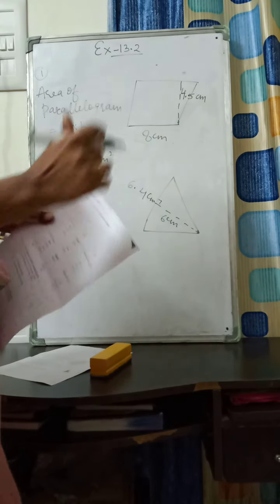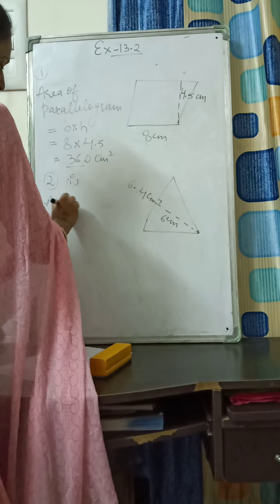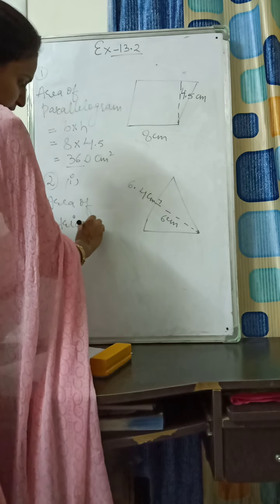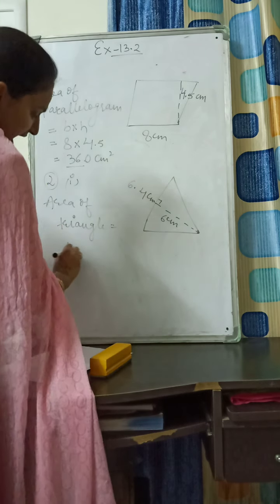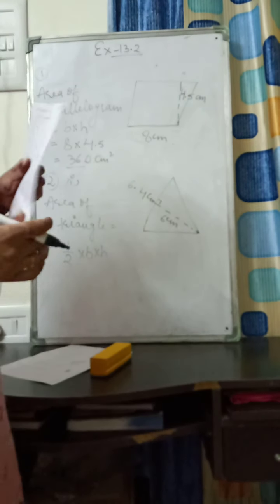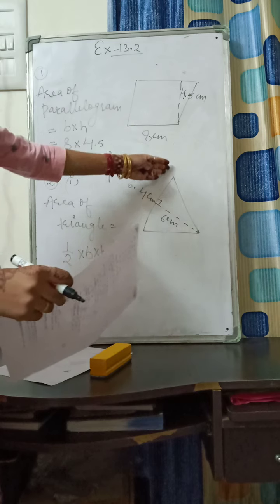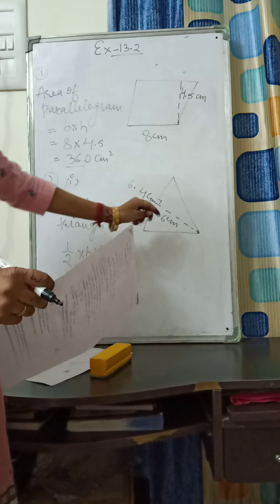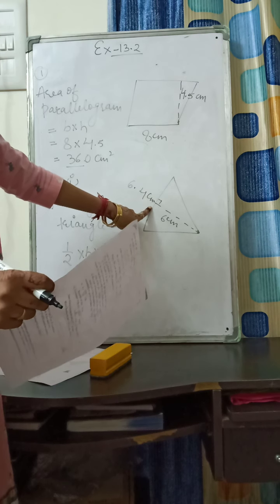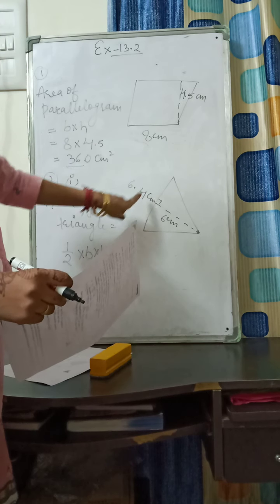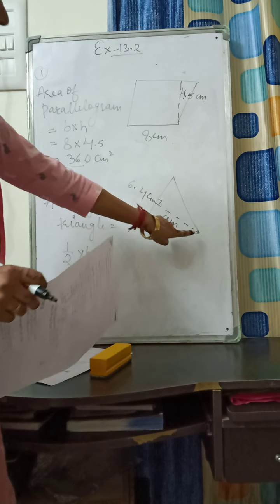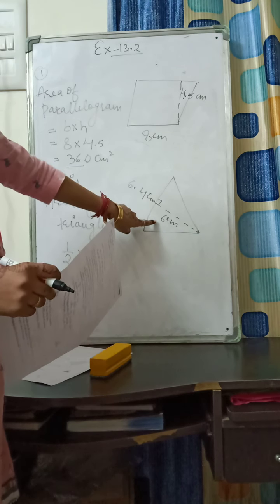And we know that the area of a triangle is half of base into height, and the base is the line segment on which the perpendicular line is given. So we can say that 6.4 centimeter is the base of the triangle, and this perpendicular line segment is the height.